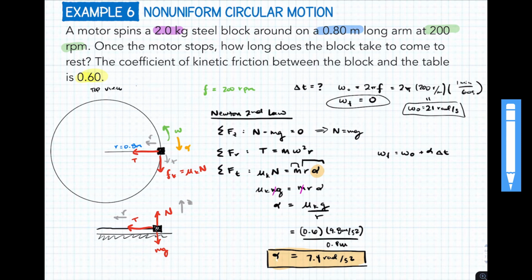So we're solving this for delta t, which means that we get, so this is 0. We get negative omega naught divided by alpha. Okay.